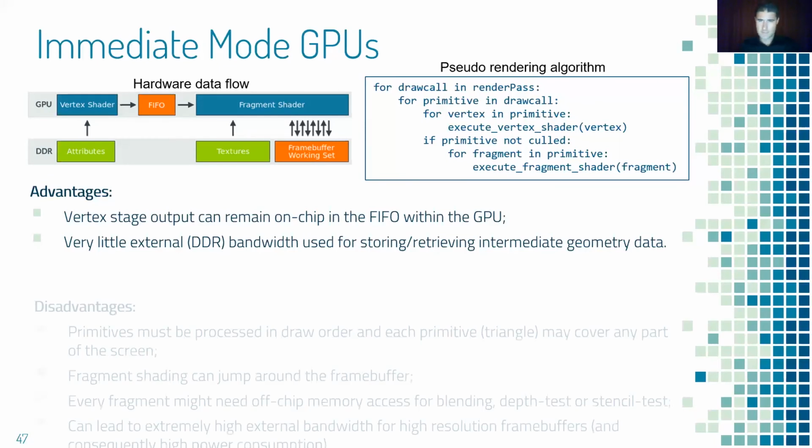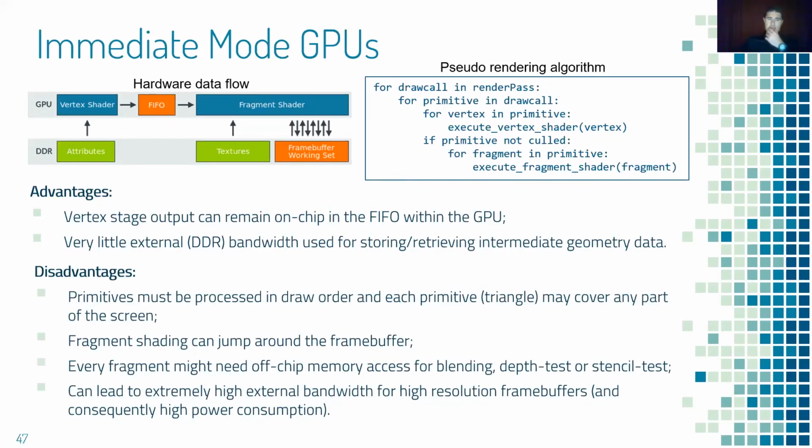There are disadvantages, however. The GPU must process the primitives, let's say triangles, in the draw order. So if you draw triangle 1 followed by triangle 2, the GPU has to process them in that order. Each primitive triangle may cover any part of the screen.